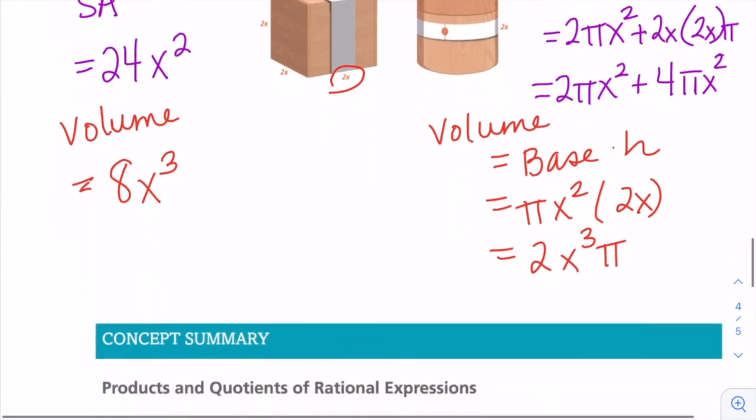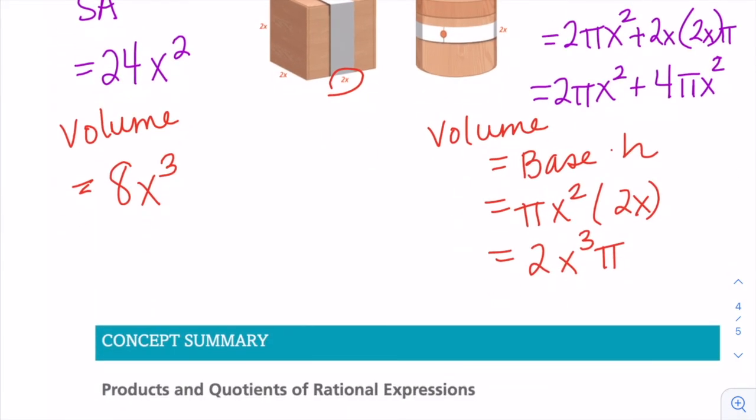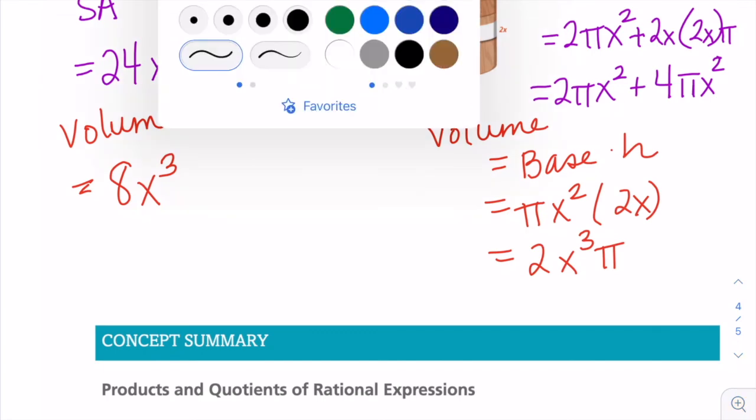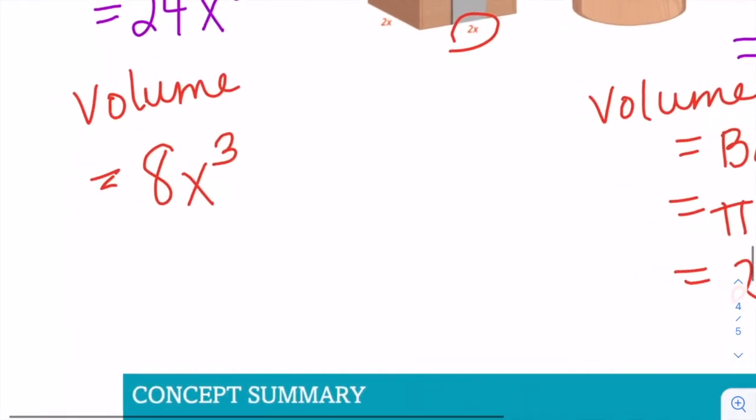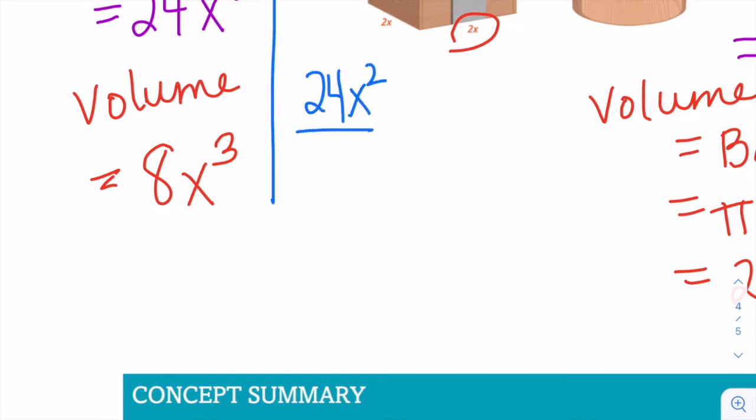All right, so what we're going to do is compare these packages. So I'm going to write this over here in the middle. So we're comparing the cube, which is 24x squared over 8x cubed. And we can simplify that.